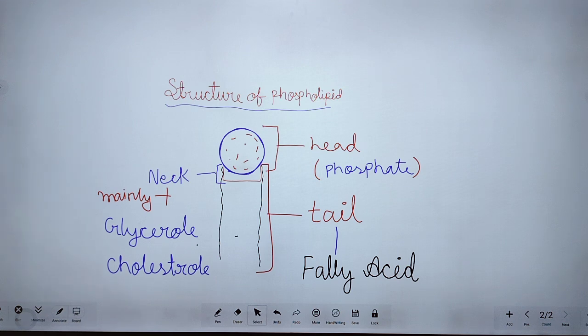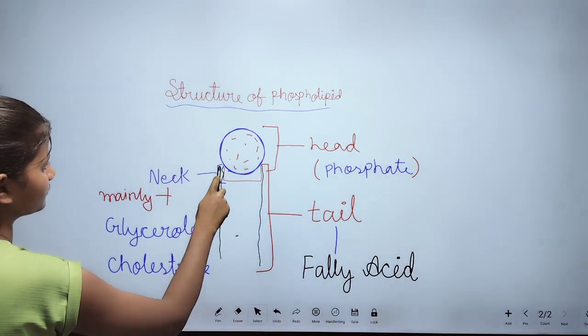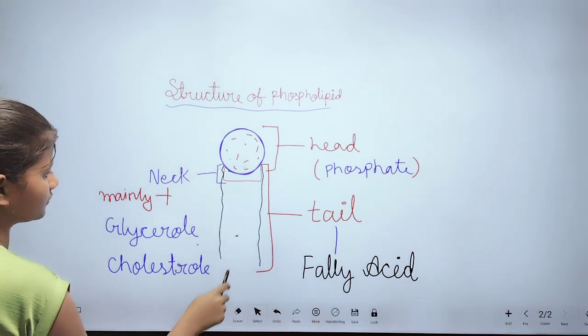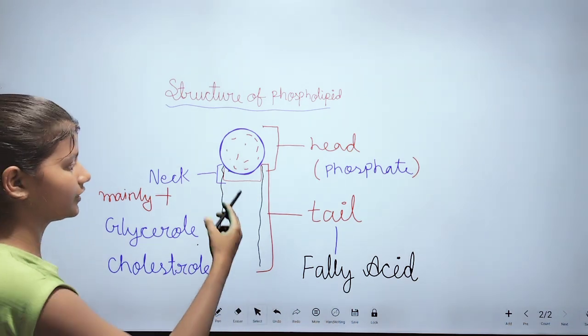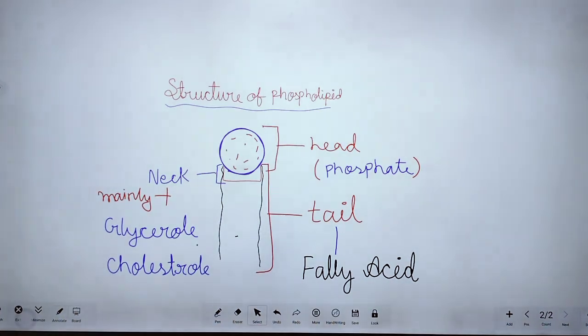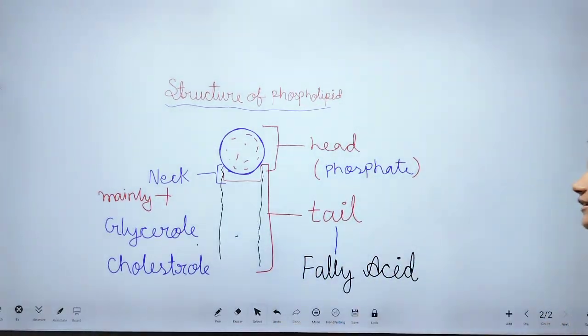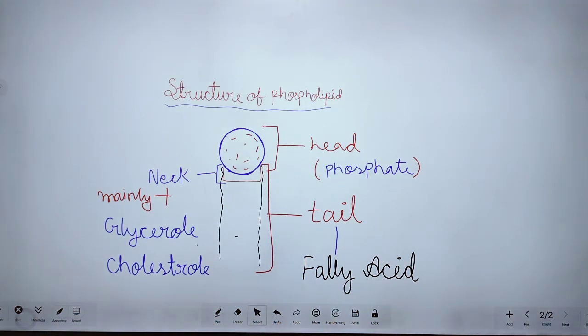So this is the structure of phospholipid: this is called the head, this red one is called the neck, and this one is known as the tail. Head is mainly composed of phosphate, the neck is mainly composed of cholesterol or glycerol, and the tail is mainly composed of fatty acid. Sorry, not phthalic acid, fatty acid.